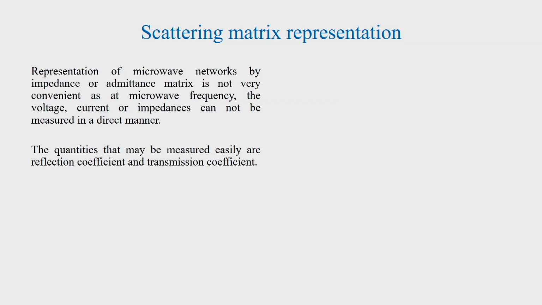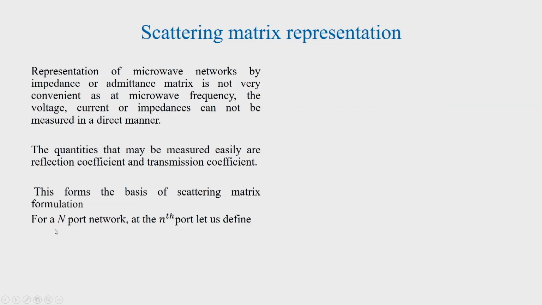The quantities that may be measured easily are reflection coefficient and transmission coefficient, and this forms the basis of scattering matrix formulation. The scattering parameters can be measured directly from instruments called network analyzers.